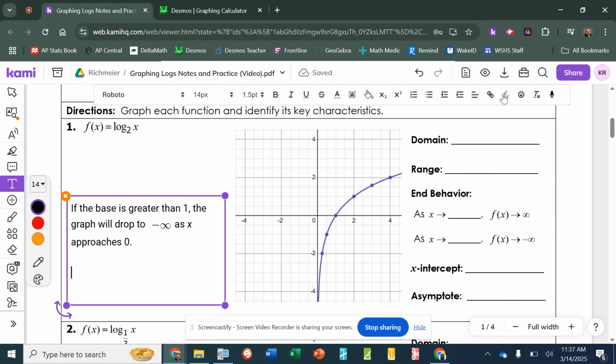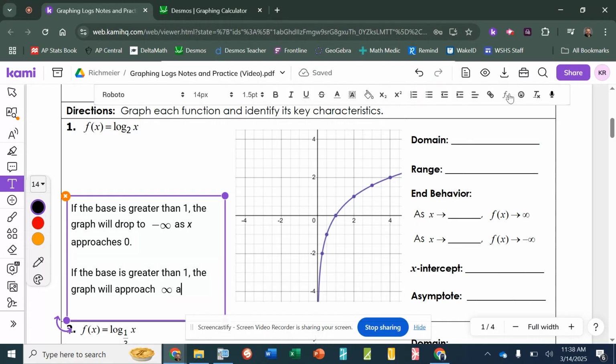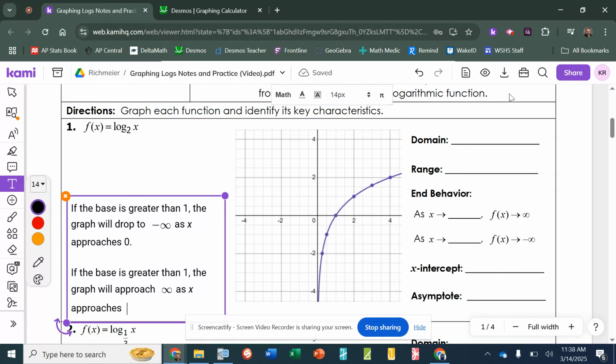And also, if the base is greater than 1, the graph will approach positive infinity, or just infinity, as x approaches positive infinity.